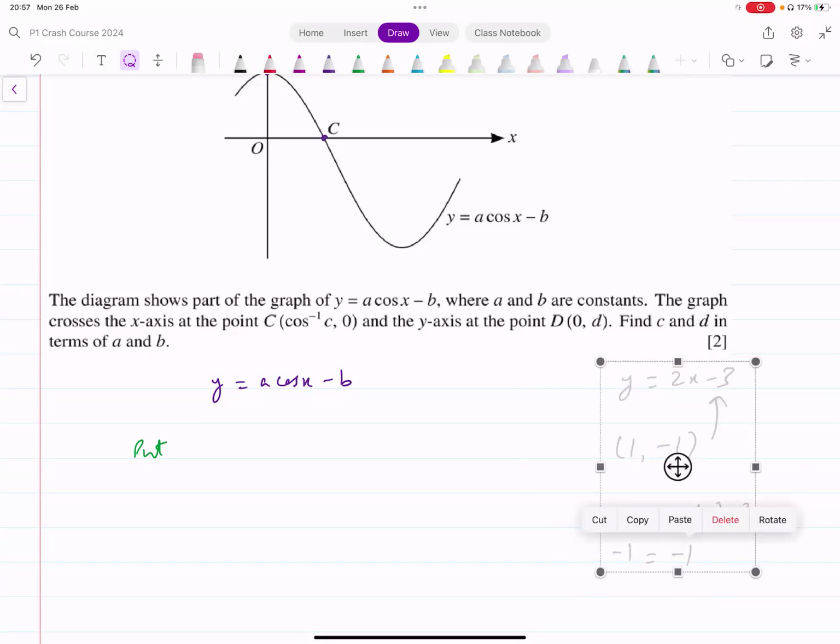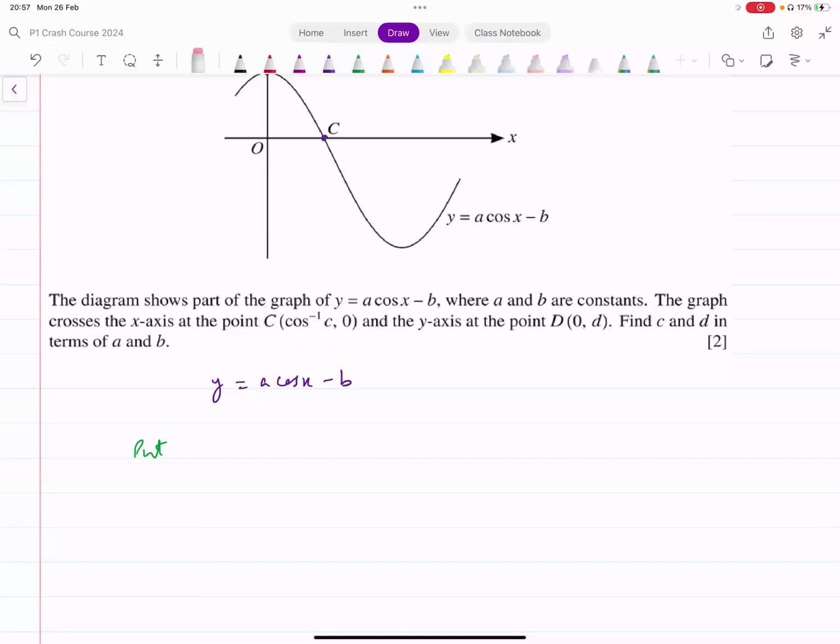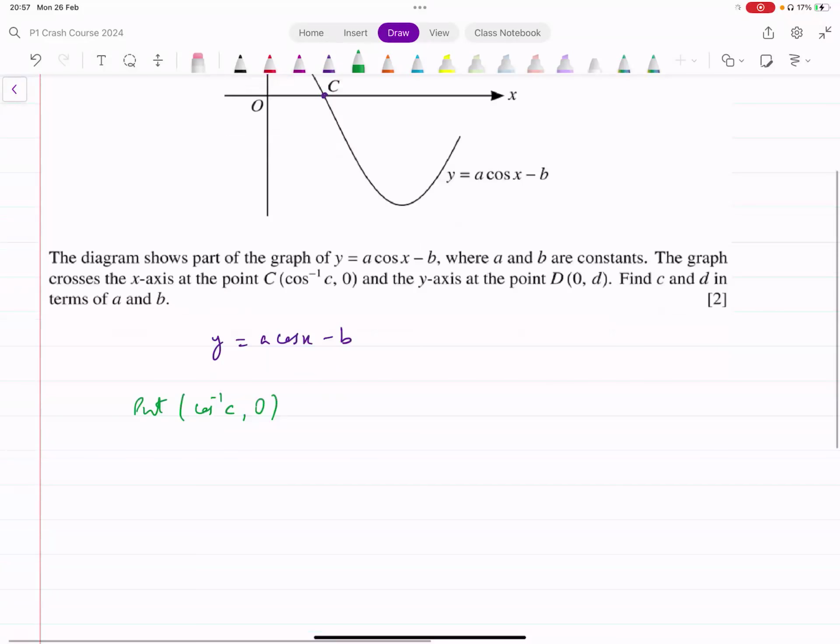In this case, we know this point C lies on this graph. You just input that point here, cos inverse of C and 0.